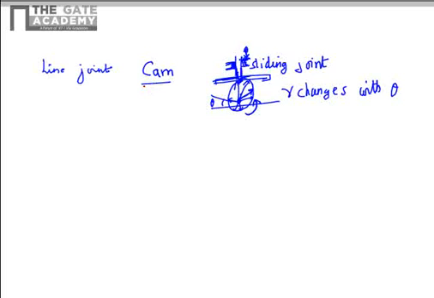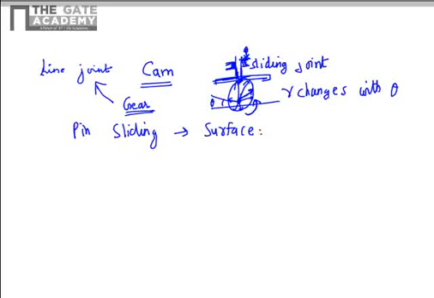As we discussed, the cam and the gear joints are line joints, while pin and sliding contacts are surface joints. There can be other varieties of joints which cannot be classified in either of these categories. That is a friction joint.